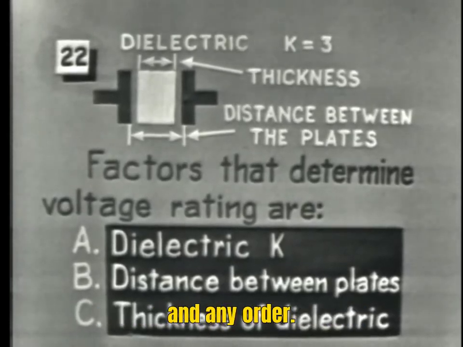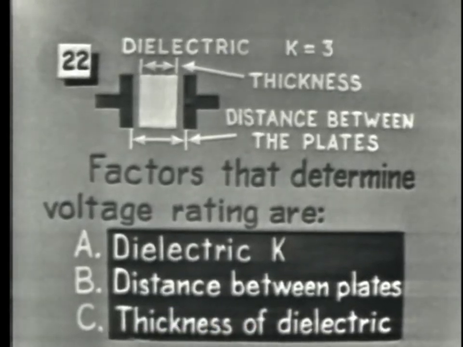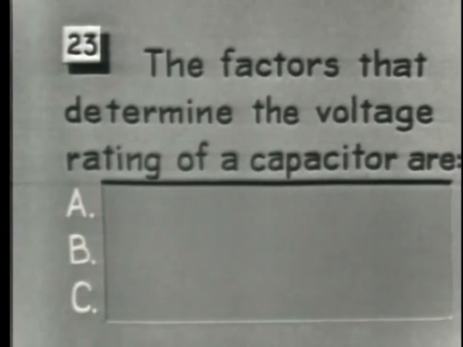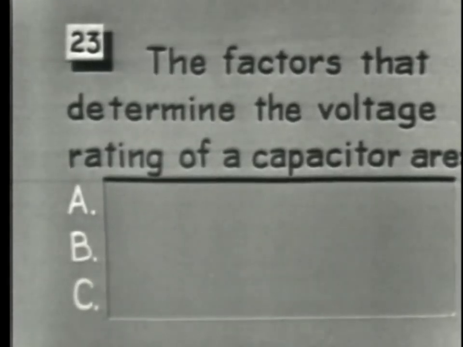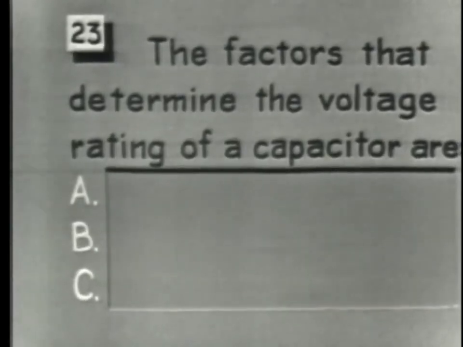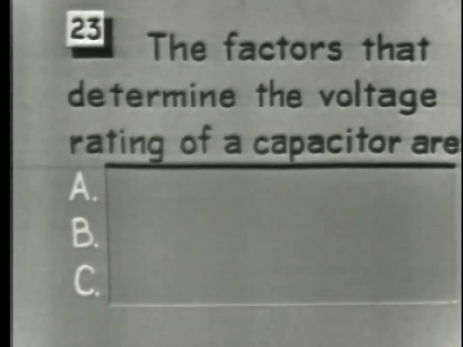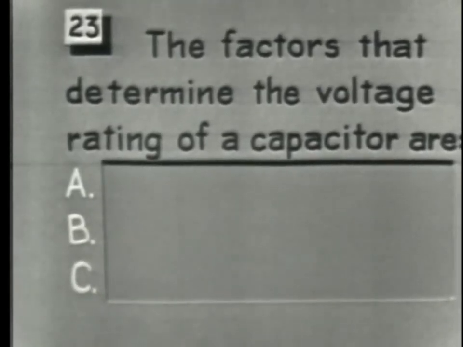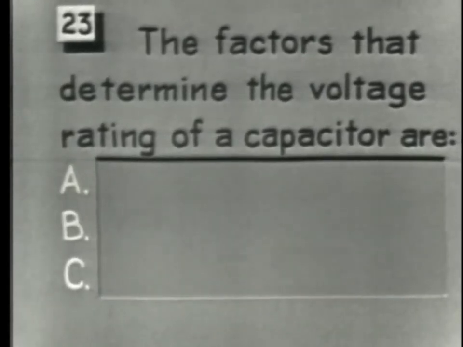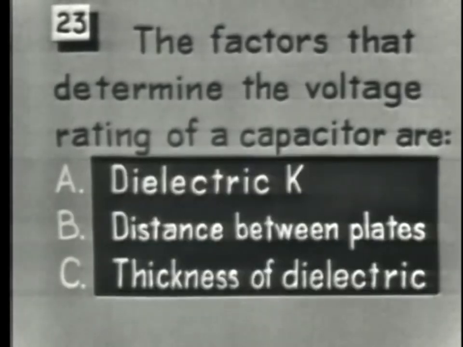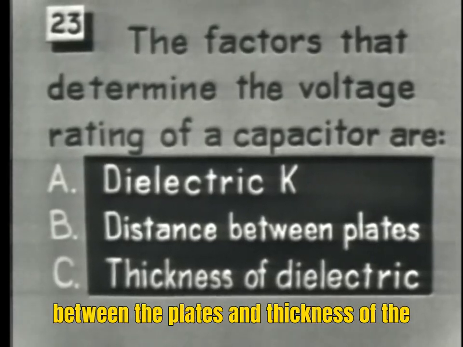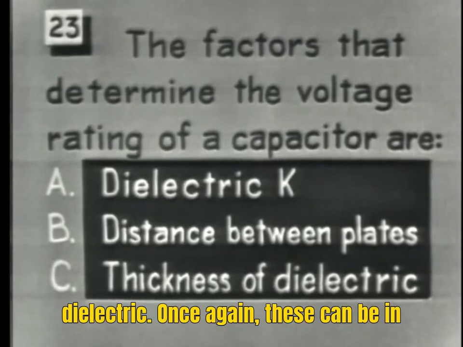These can be in any order. Now complete number 23. Your answers are dielectric K, distance between the plates, and thickness of the dielectric. Once again, these can be in any order.